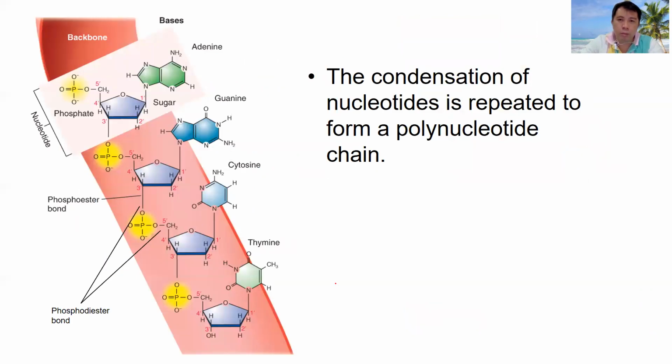The formation of the phosphodiester bond is through condensation, or polymerization. The condensation of nucleotides is repeated: one nucleotide forms a link with the adjacent nucleotide through phosphodiester bonds, and this process is repeated to form a long polynucleotide.